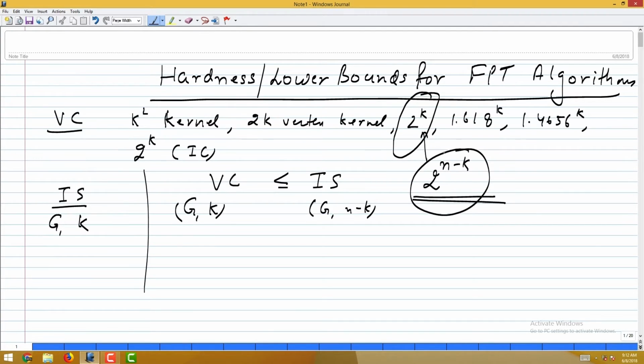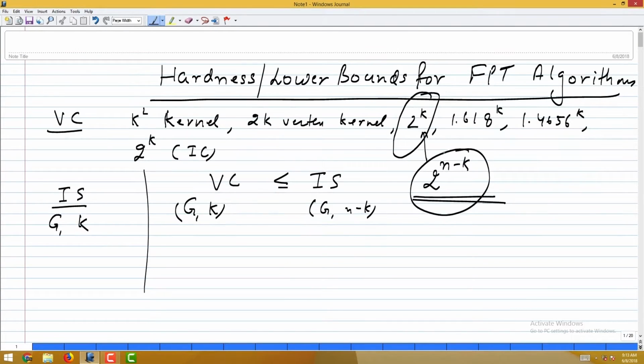Normally, I've seen a lot of people, in fact when I was young doing my undergrads, we used to say things like this: if I was able to give a polynomial time reduction from vertex cover to independent set, my reaction would be, if you can solve independent set, then you can solve vertex cover. This is the language we use, but it is too vague, and most of the time wrong.